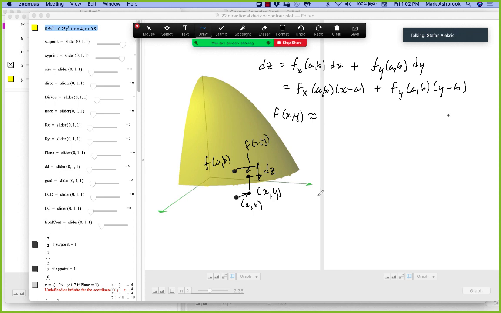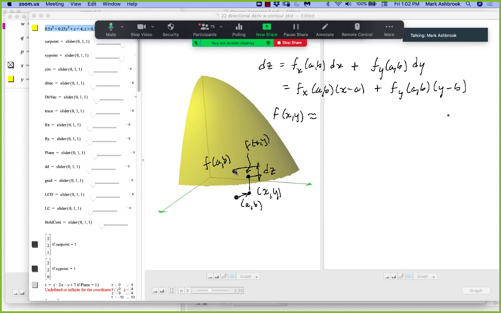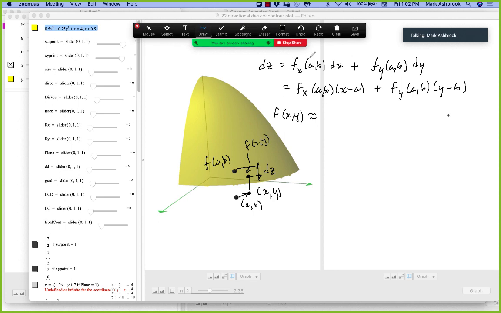Integrate? No. We have the original z value, and now we have this expression for the change in z from (a, b) to (x, y). If you have initial z and a change in z, how do you write the new z? Add them. You just add them up, right?